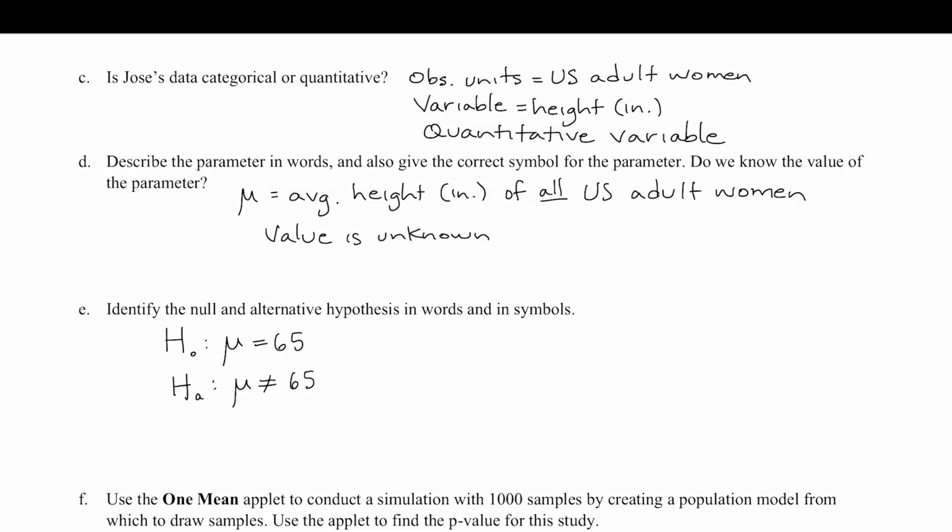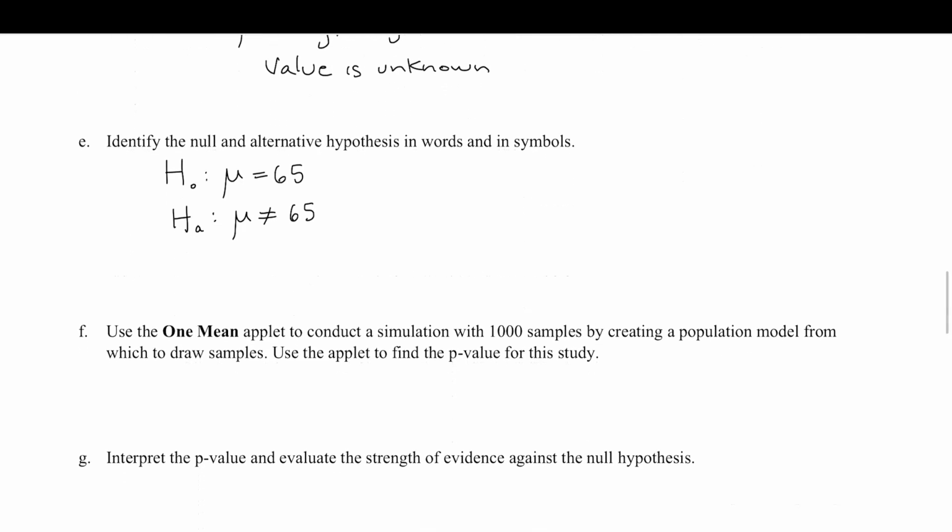Now, in words, we would say the average height in inches of all U.S. adult women is 65 inches for the null hypothesis. And for the alternative, the average height in inches of all U.S. adult women is not 65. So I would substitute for mu the entire sentence that's in part D, and then is 65 for the null and is not 65 for the alternative. I'm just going to save a little time by not writing them out.